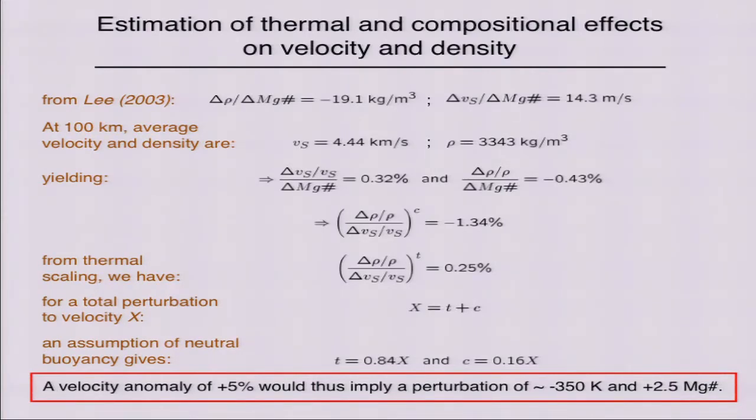But strictly speaking, the isopycnic hypothesis says that at every depth within the mantle, you have to balance whatever your thermal perturbation is with the right amount of compositional perturbation. Because the velocity structure changes with depth, that thermal contribution must be changing with depth, and therefore you would have to be changing the compositional contribution.